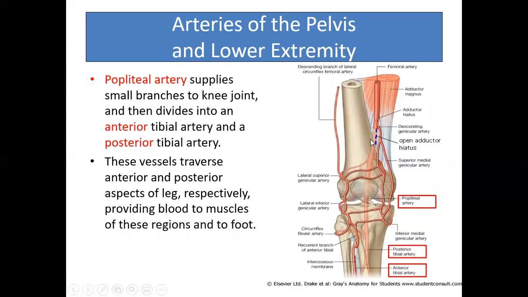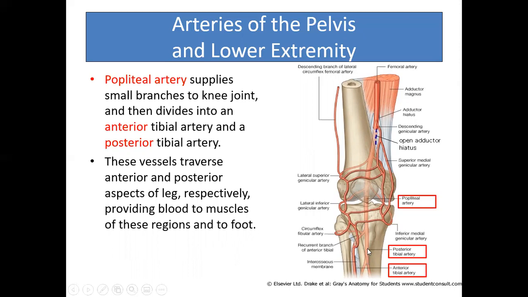The popliteal artery supplies small branches to the knee region and divides into the anterior tibial and also the posterior tibial. So if you see from this picture, this popliteal artery will further divide into two branches. This is the anterior tibial artery and also the posterior tibial artery.